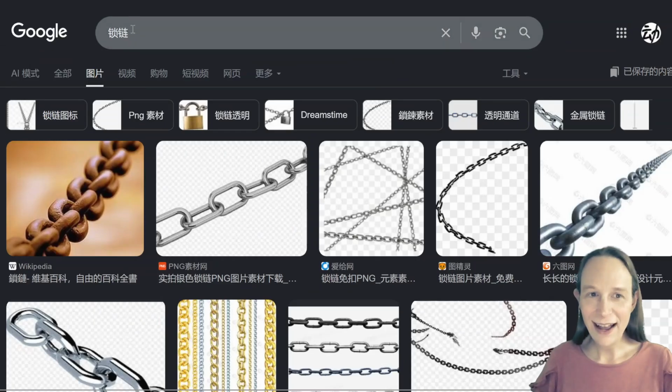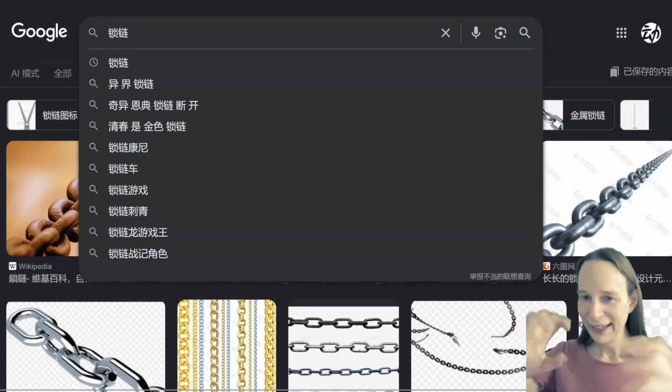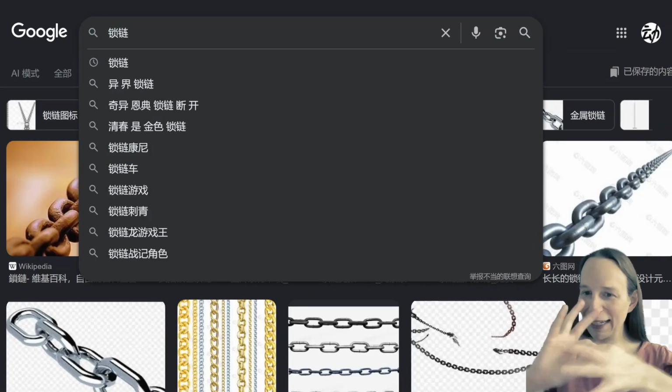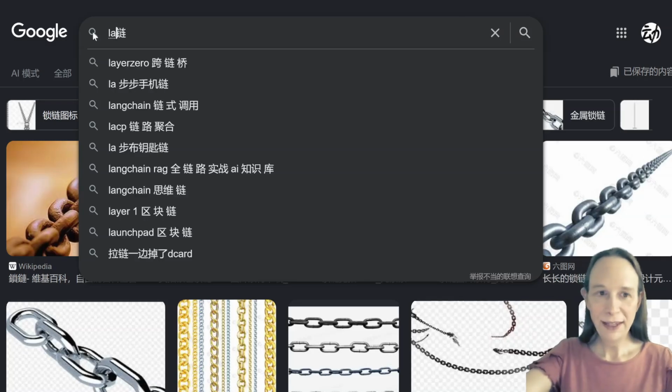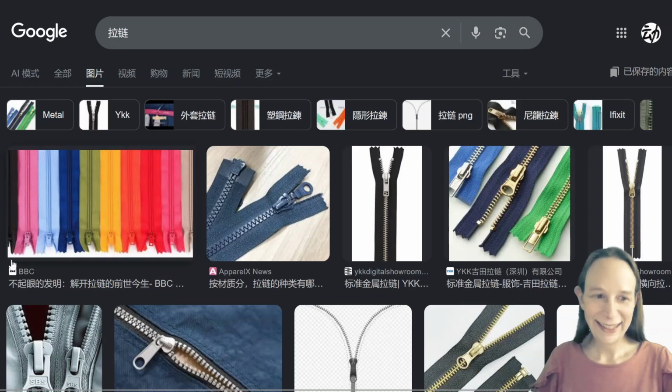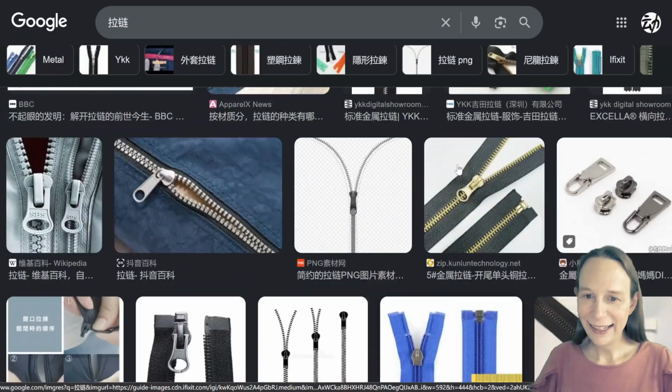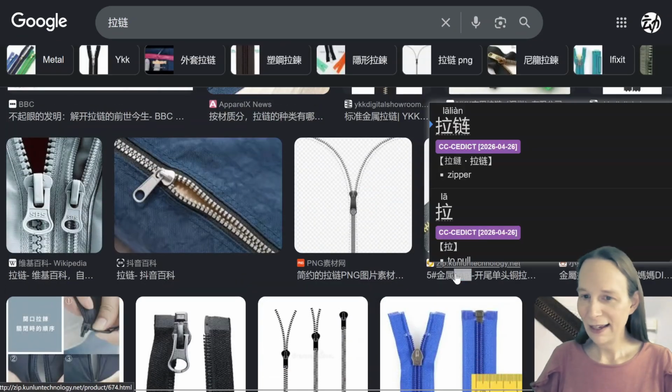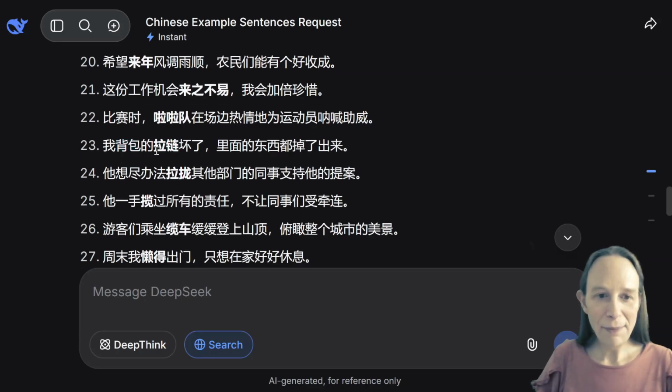So this is 锁链. And what are we doing? Oh, 拉链. We get rid of the interlocking links and we're pulling them instead. So pulling these links, 拉链. It's a zipper. What's the verb? I don't know. 背包的拉链坏了. Oh, that's annoying. 里面的东西都掉了出来. Oh, that's even more annoying.